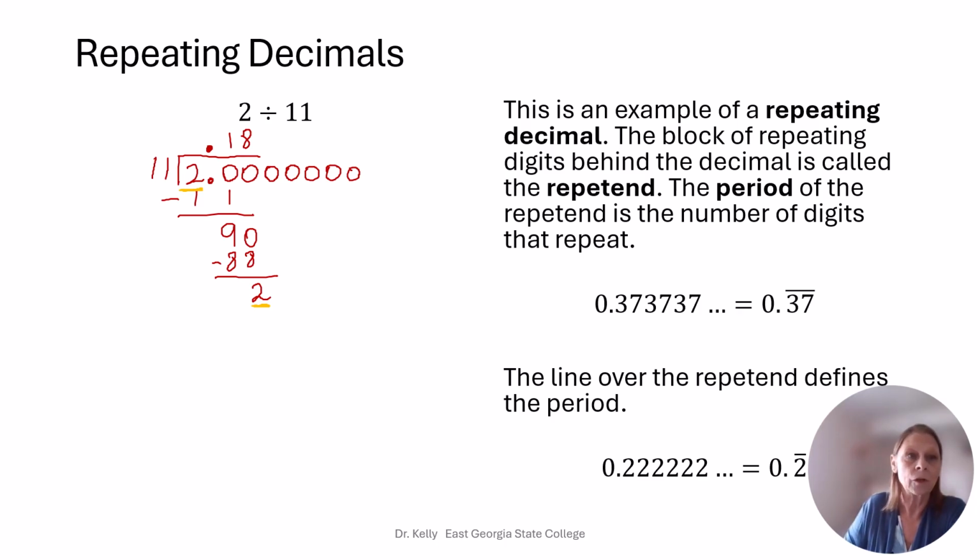So this, if we were going to continue, would continue with a 1, and then an 8, and then a 1, and then an 8, and so forth infinitely. Hence the repeating decimal. Now, the way that we note this answer is we would say, putting in your leading 0, 0.18 with a bar across that 1 and 8 to indicate that those are the repeating digits.